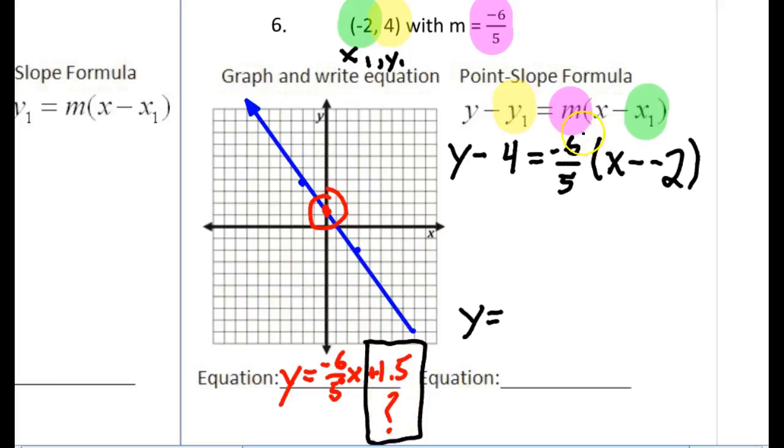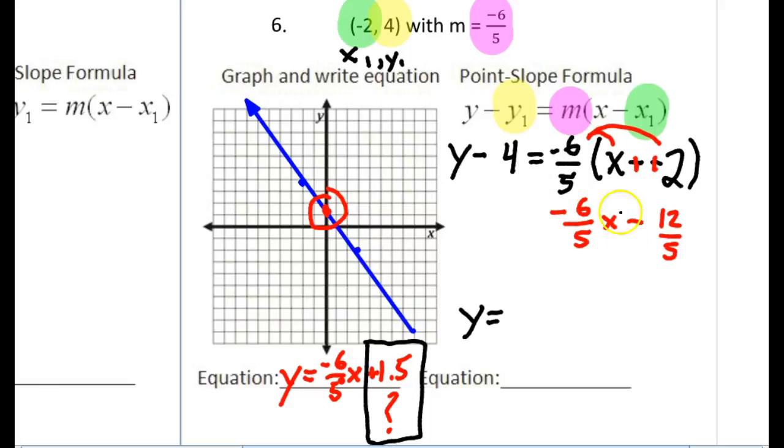So here's where, if you want to check on the calculator, you can. So we got -6/5x, just distributing, right? We got -6 times +2. Two negatives make a positive. So that's going to be minus 12 over 5.